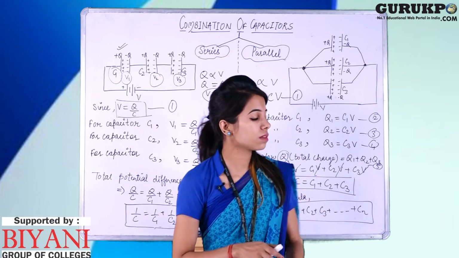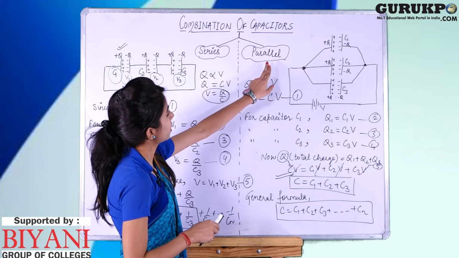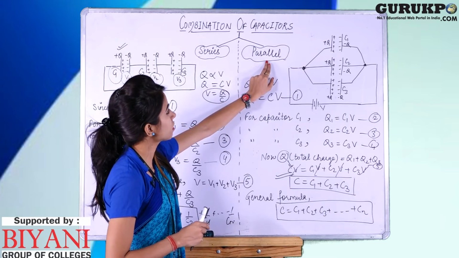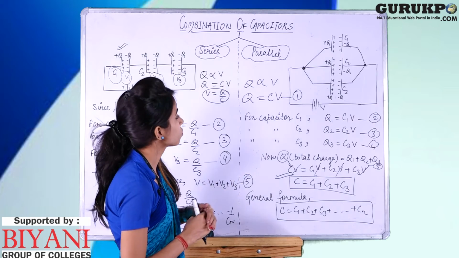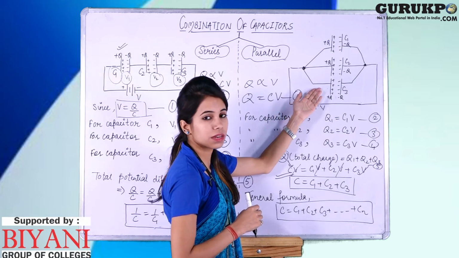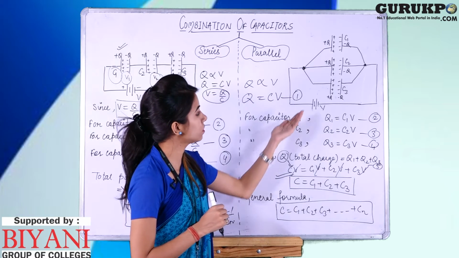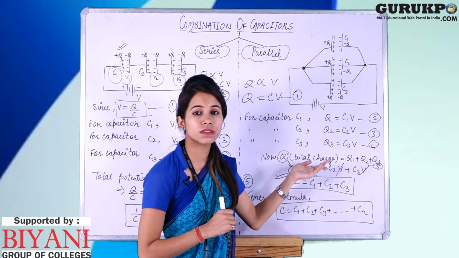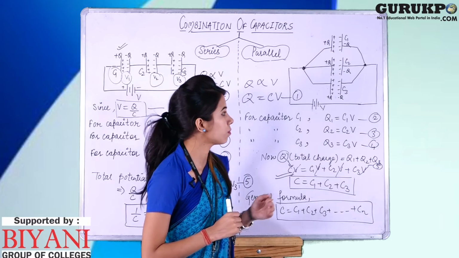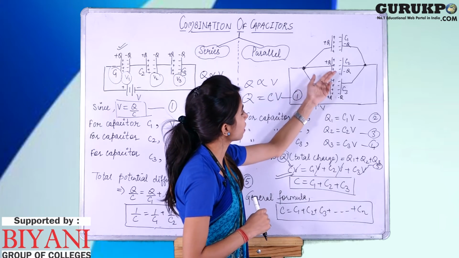Now let us consider the second case, when the capacitors are connected in parallel. This is the diagram for capacitors connected in parallel. Here also we have taken 3 capacitors, we will solve the equation for the 3 capacitors and then we will write the general formula. So 3 capacitors C1, C2 and C3 are connected in parallel.